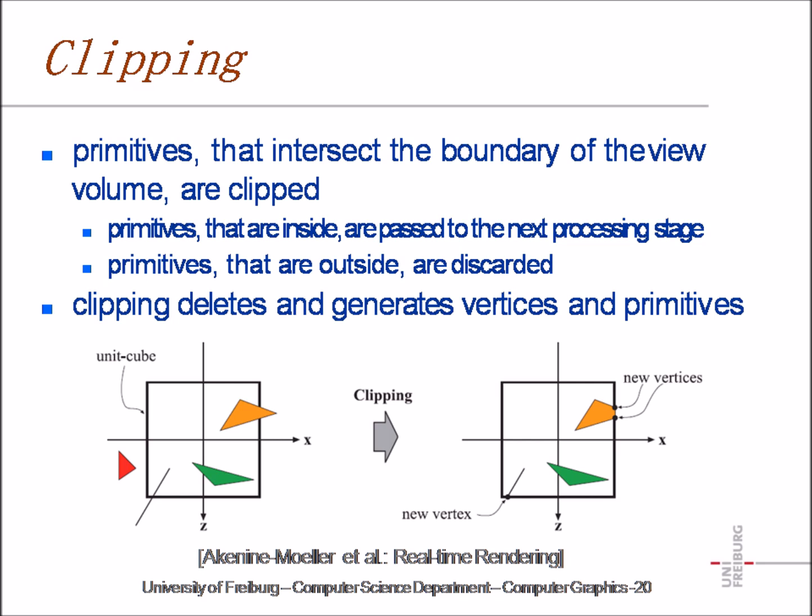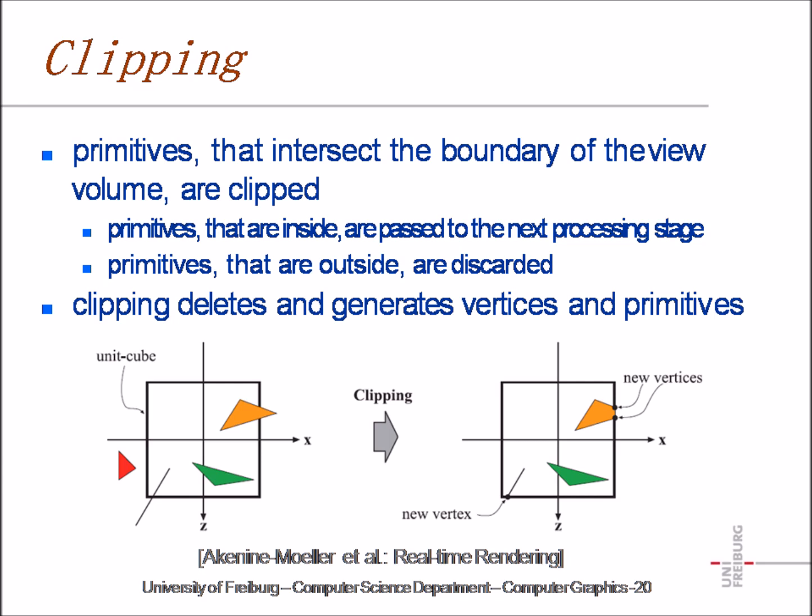It means that primitives inside the view volume are passed to the next processing stage and primitives that are outside the view volume are discarded. Clipping is useful to delete and generate vertices and primitives. The concept of clipping is demonstrated in the figure below.